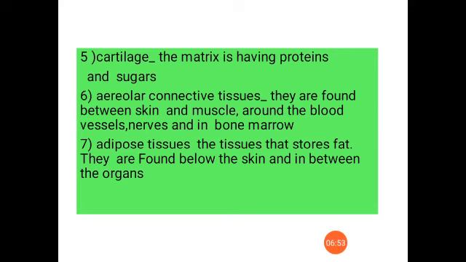Without breaking, it will be bending. That is due to the presence of cartilage. Is it clear? This cartilage is hard, but it is not so hard as bones. Why? Because their matrix contains proteins and sugars.